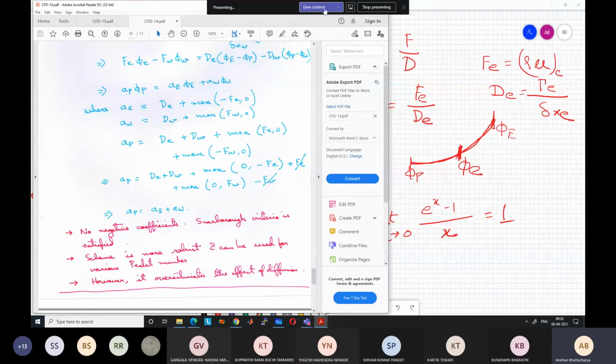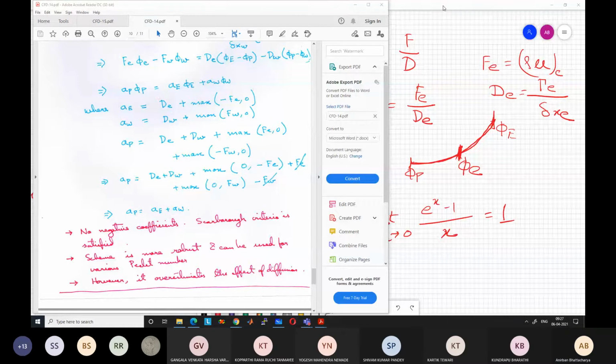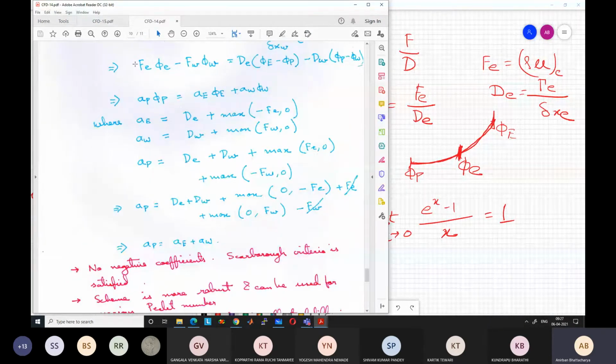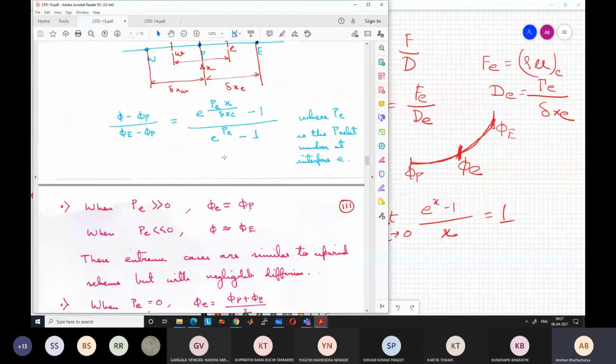How can we hide this? Does anyone know? So in actual case, the effect of diffusion is negligible. Okay.